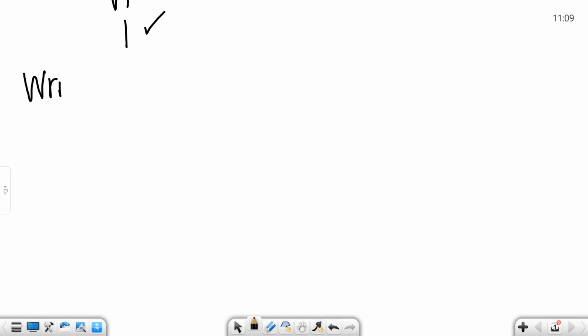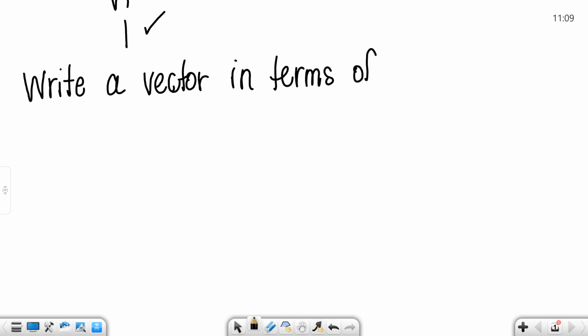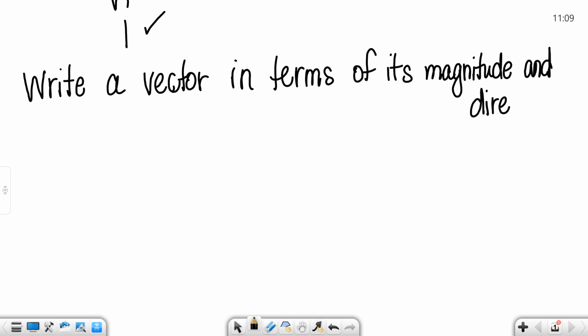They're going to add another specific set of directions, and it would say something like, write a vector in terms of its magnitude and direction.